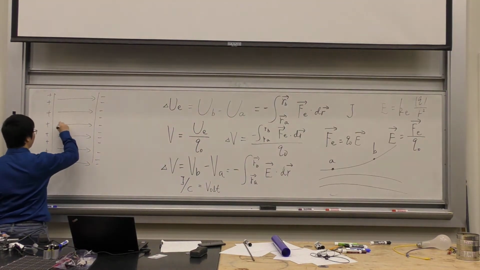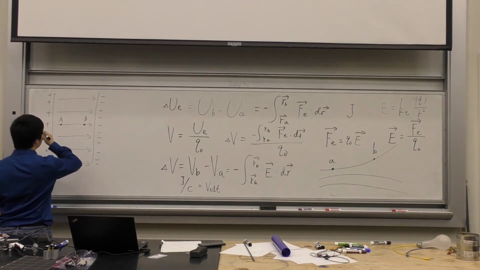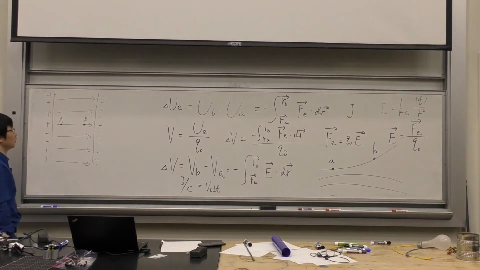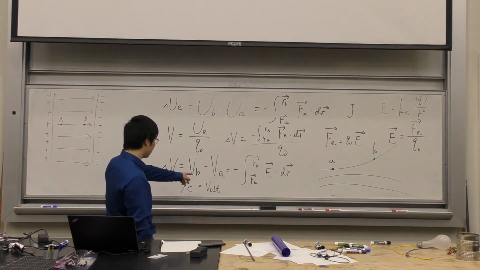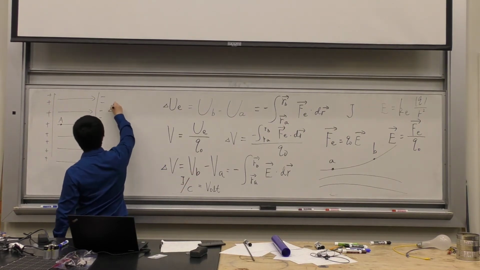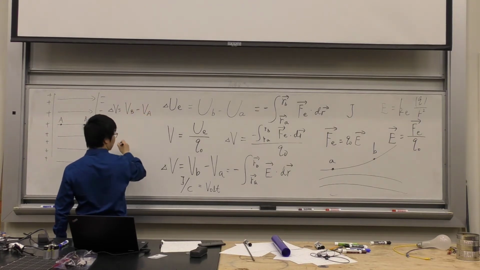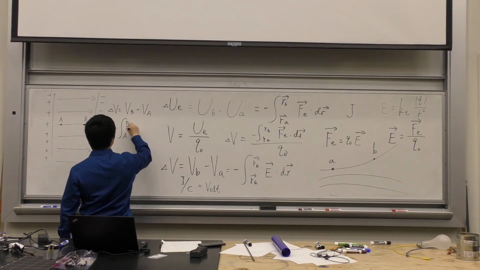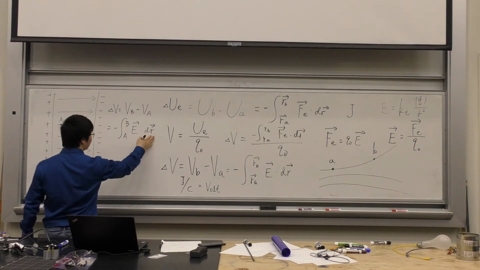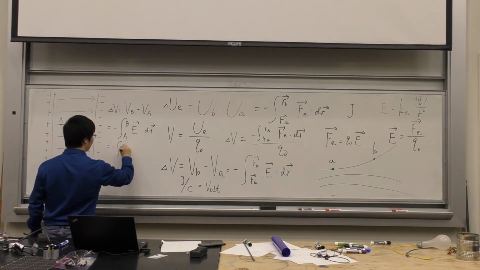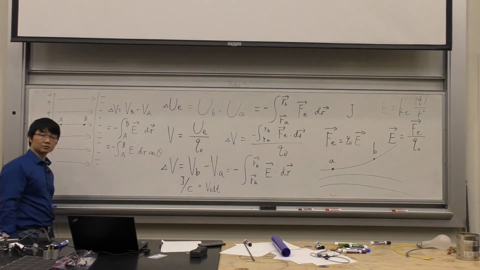So the first case is this. Let's pick a point A here and another point B here, and the path between them is just going to be parallel to the electric field lines, like this. So if you use this definition, you would do this: VB minus VA equals negative integral from A to B of E dot dr. Now, how do you calculate E dot dr? You can just use the definition of the dot product, E dr cosine theta, pretty much like Gauss's law, okay?